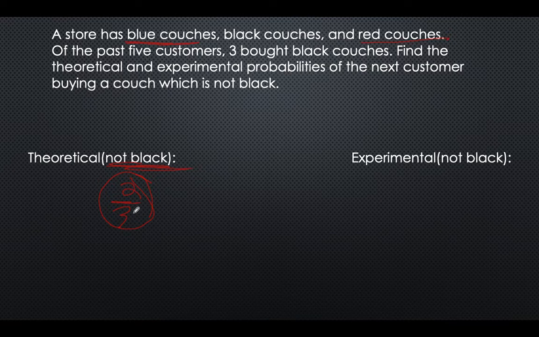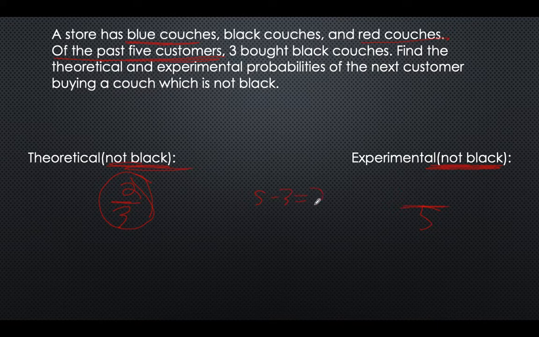Experimental, however, requires a little bit of thought. Of the past 5 customers, so they're giving us the events that happened. They told us 5. 3 bought black couches. However, we want the experimental probability of not black. So if out of 5, 3 bought black couches, how many of them weren't black?